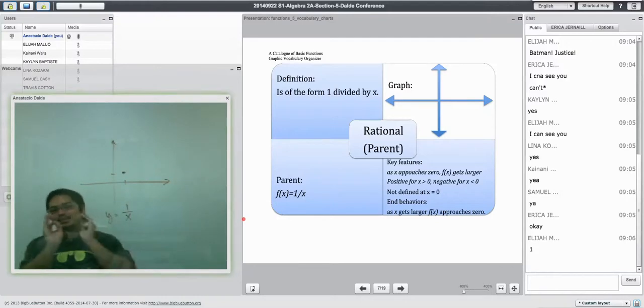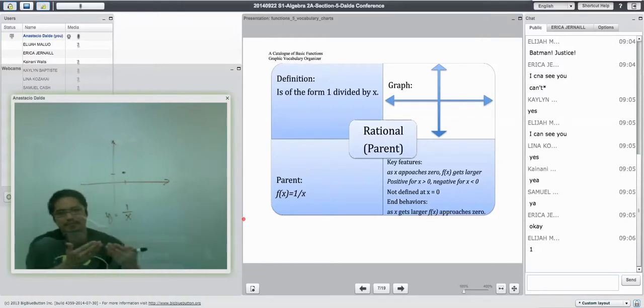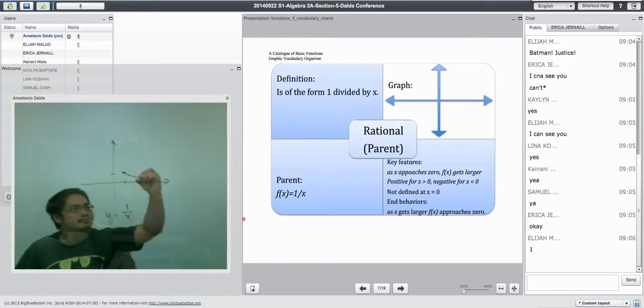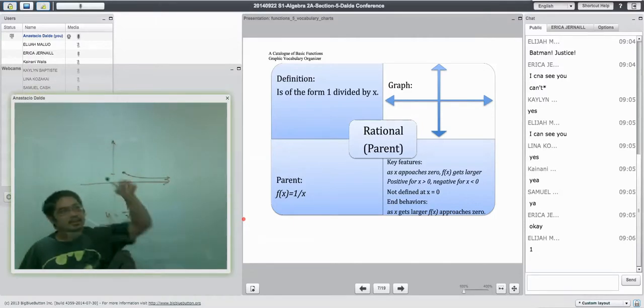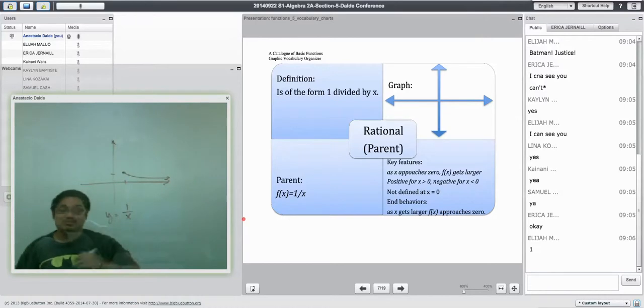If x gets really, really big, then this denominator is going to get really, really big, and so your overall value is going to get really, really small. So it's going to taper off, and it's going to get closer and closer to 0, to y equals 0. You'll never actually reach y equals 0 because you can make x really, really, really big.